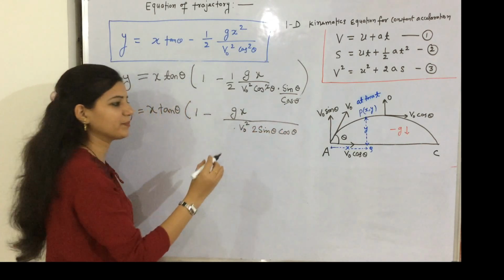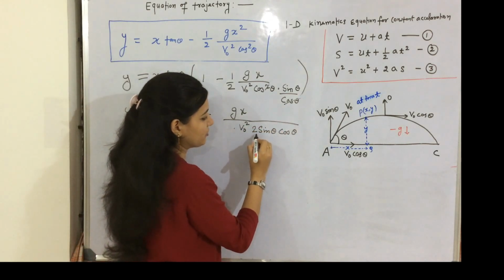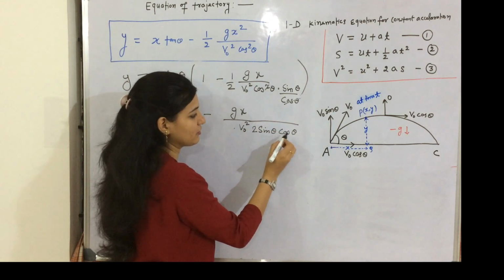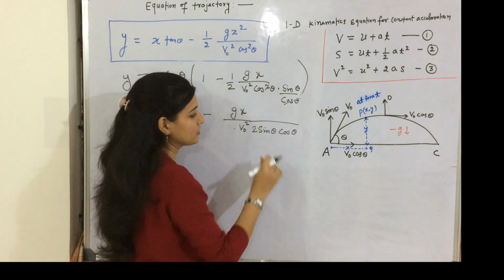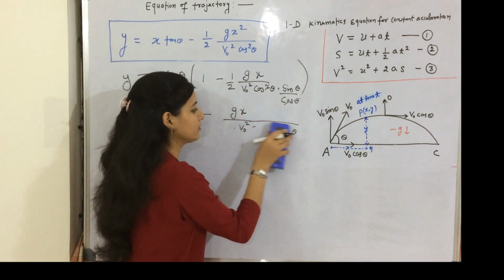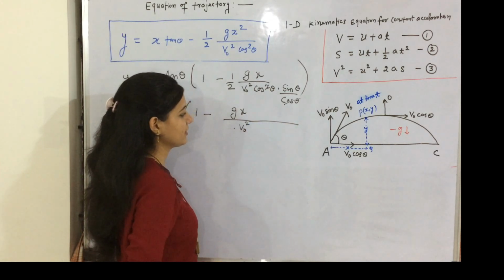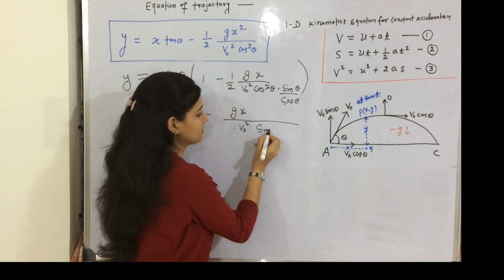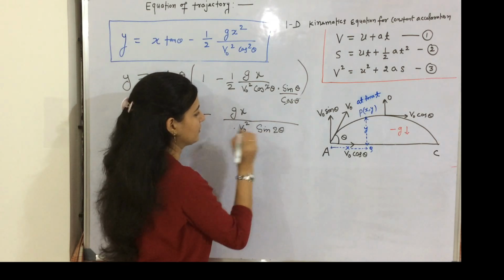Now while applying trigonometry, we can write 2 sin theta cos theta is equal to sin 2 theta. So we can replace this with sin 2 theta.